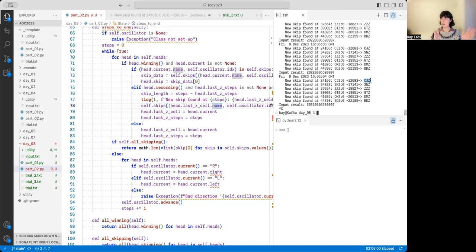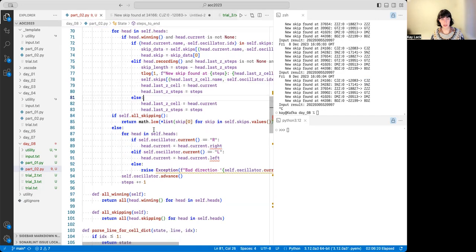So the distance from the starting cell to the ending cell is the same as the distance between ending cell and ending cell. All of those things mean that we get to make a jump in the solution, which means we can use this math LCM thing, which I'm sure there's an algorithm behind it, so some of you had to implement. But we were able to essentially find the lowest common multiple of all of these skips here. And that was the answer.